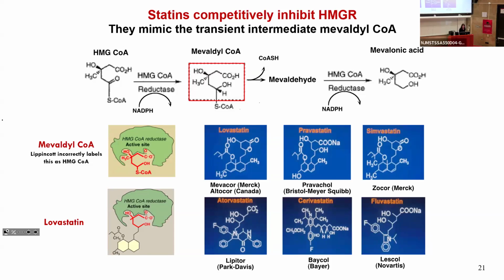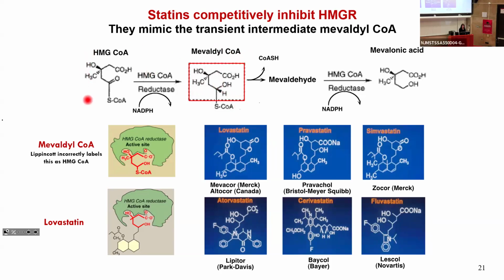And so what's really so incredible about these statins is that they're a competitive inhibitor, meaning that they are binding to the active site. But in the case of this enzyme, what they are mimicking at the active site is a transient intermediate, okay, mevidyl-CoA.